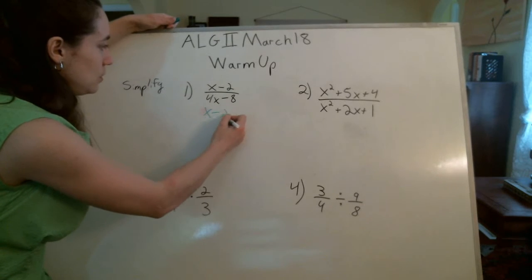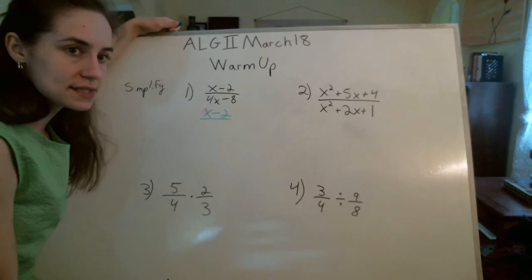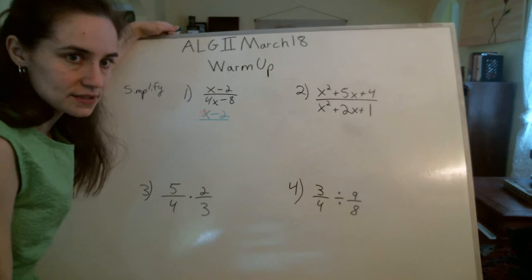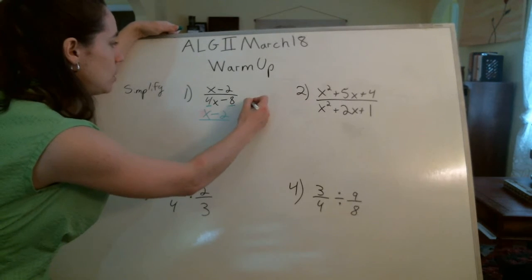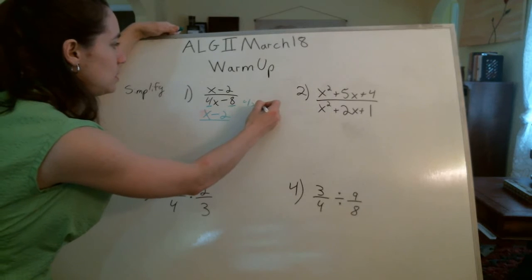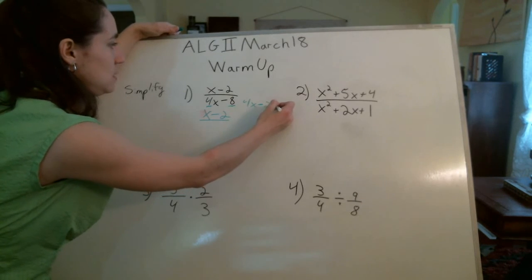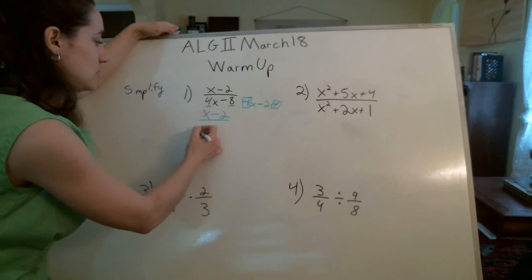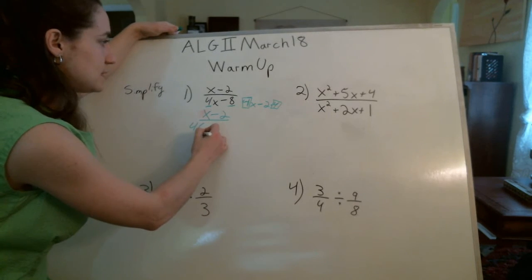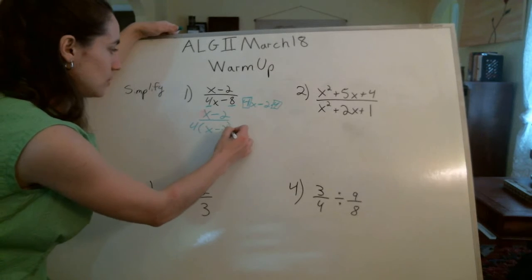X minus 2 over. Now our 4x minus 8 does have a GCF. It's subtle, okay, but it's going to be the 4 that exists in both the 4 and the 8. So I will take out a 4, leaving myself x minus 2.